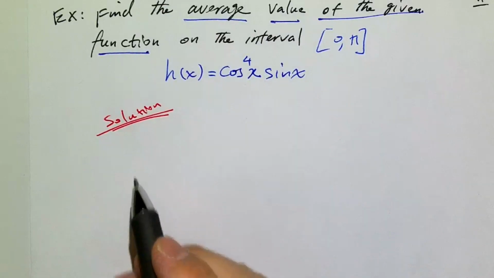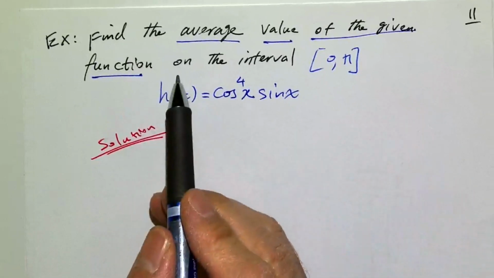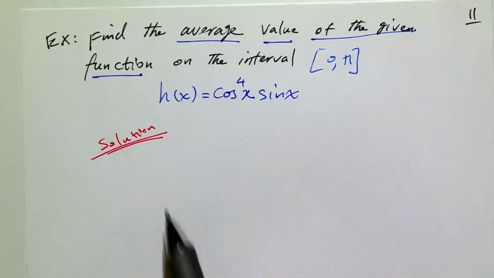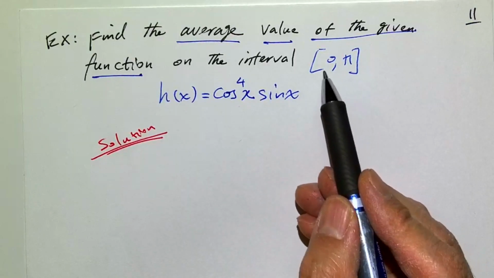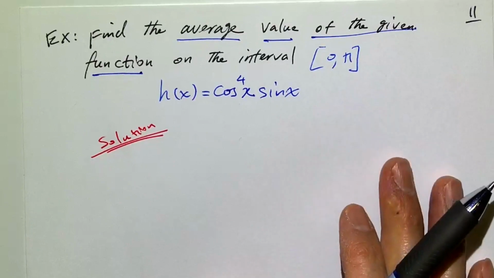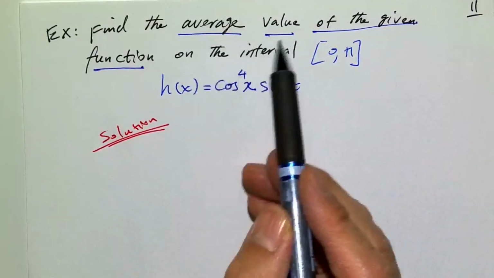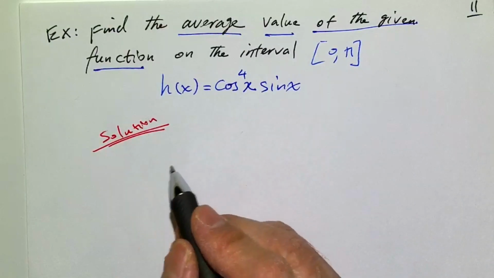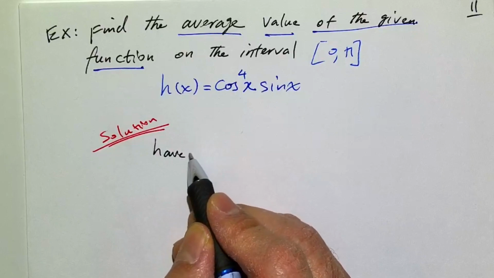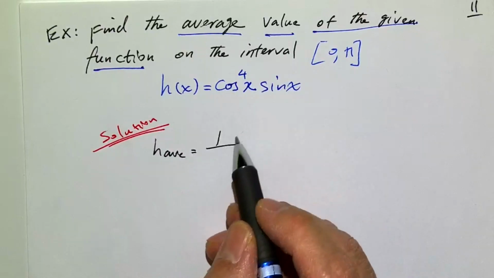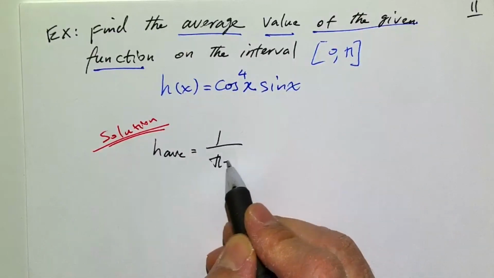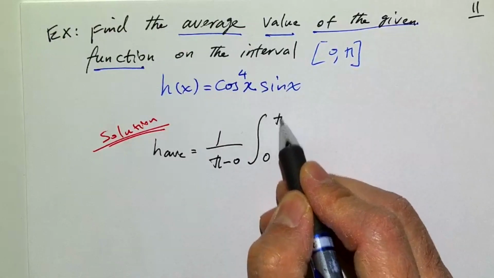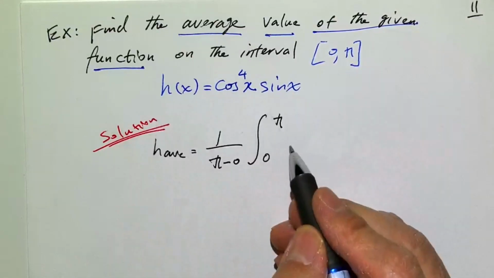So basically the interval 0 to pi tells us the lower and upper limits of the integration, because that formula for the average value of a function involves an integral. This was the formula: 1 over the difference between the upper and lower limit of the integral, times the integral from lower to upper limit of this function.